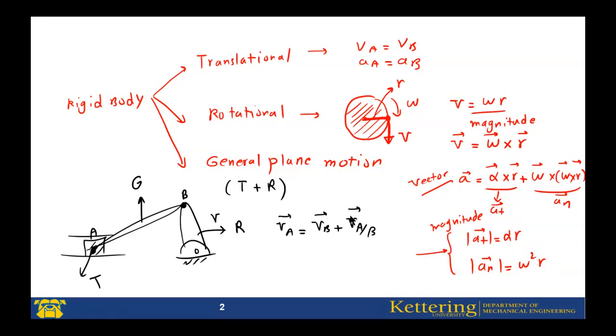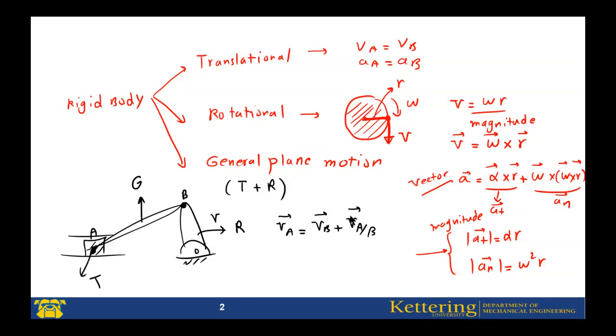This is the velocity of the A from translational. This is the velocity of the B that has a rotational motion. And this relative one shows the relative velocity of the A with respect to B, based on the view of the person that's just rotating, this one is a type of rotation.